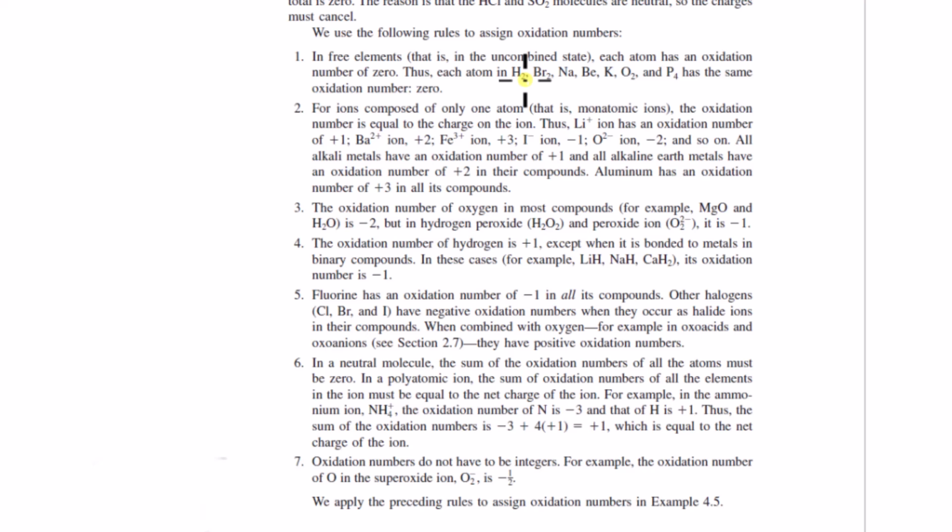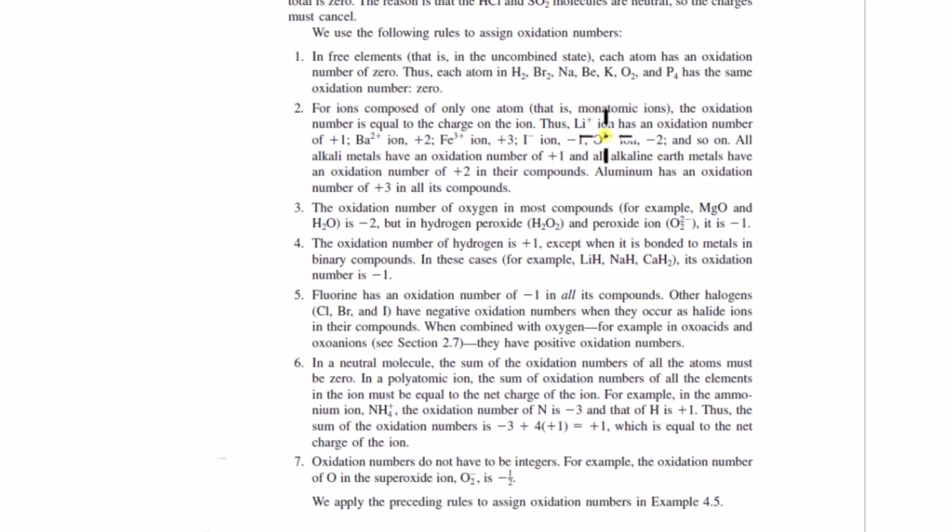Okay, but we can extend this to elemental forms of ions as well. So the first part of Rule 2 talks about the oxidation numbers on monoatomic ions. It says, for ions composed of only one atom, that is monoatomic ions, the oxidation number is equal to the charge on the ion.